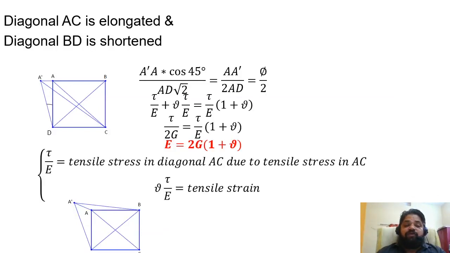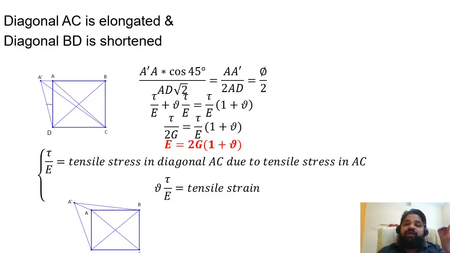And what about this tau by E? Tau by E is the tensile strain in diagonal AC due to the tensile stress in AC, and nu tau by E is the induced strain in the other direction. Although it is shear distortion, due to the angular distortion we are saying it's shear stress, but it is a tensile one. The AC is going to be extended, and we know the shear stress does not do any extension.